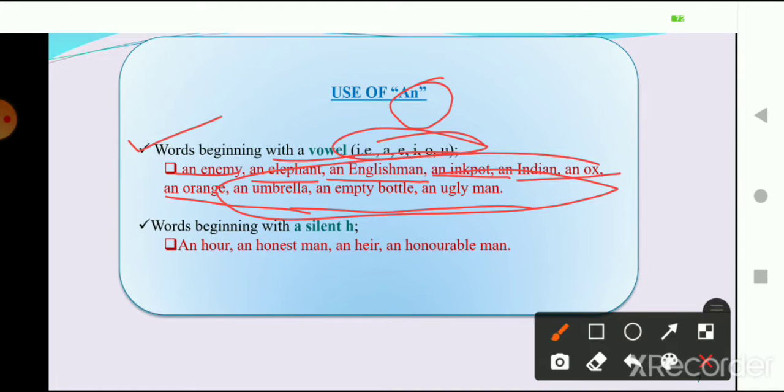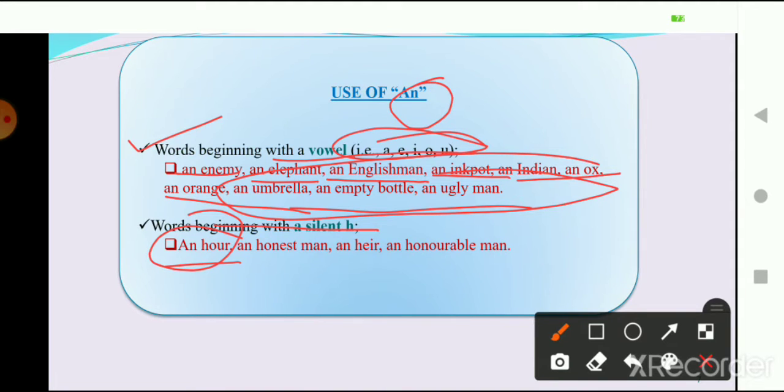Now let's see the other way in which we can use article an. Word beginning with a silent H. Okay, when we are pronouncing a word, if the letter H is silent in that word, then what happens? Let's take an example. Here you can see an hour. Right, so when we pronounce the word hour, we don't say it as h-our. No, the H in this particular word is silent.